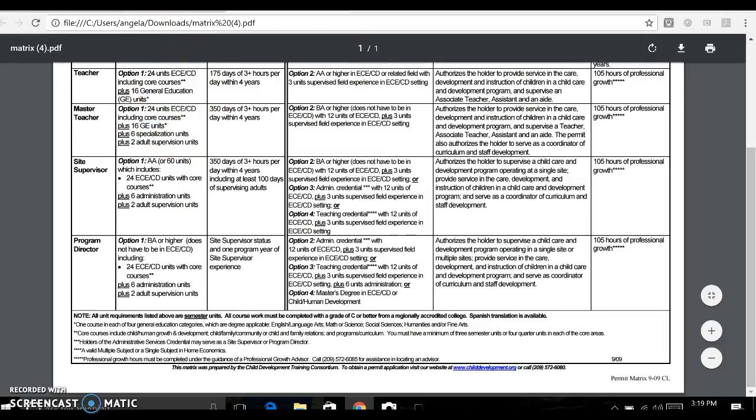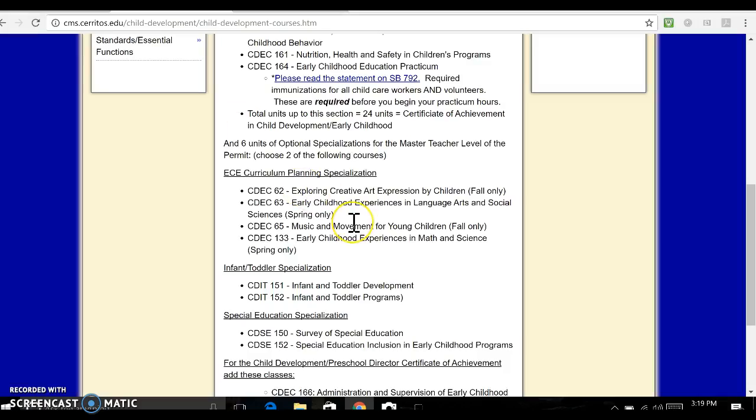You can also be creative and take classes from outside of the child development department. For example, you could take CDEC 63, the language arts class, with the English department's children's literature class. So you can think outside the box a little bit when it comes to specializations, but you can't go wrong when you take these courses here from our department.